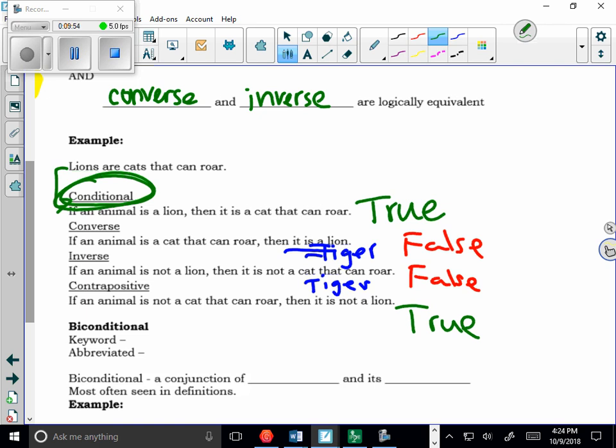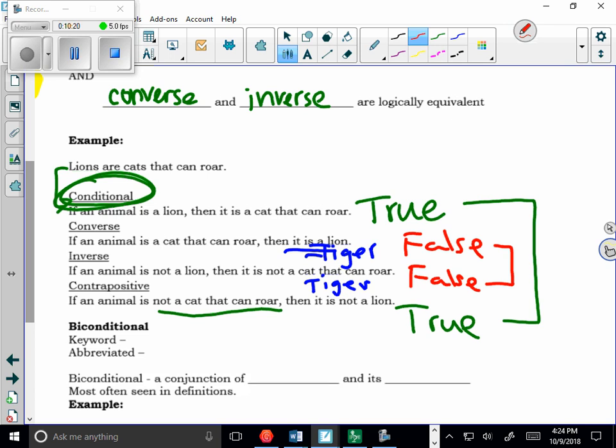It doesn't have those qualities. So that checks out as well, and that's true. And as you can see, what we said up top, we said that my conditional and my contrapositive are going to have the same truth value, and my converse and my inverse have the same truth value. Both, in this case, both my conditional and contrapositive are true, my converse and inverse are false.